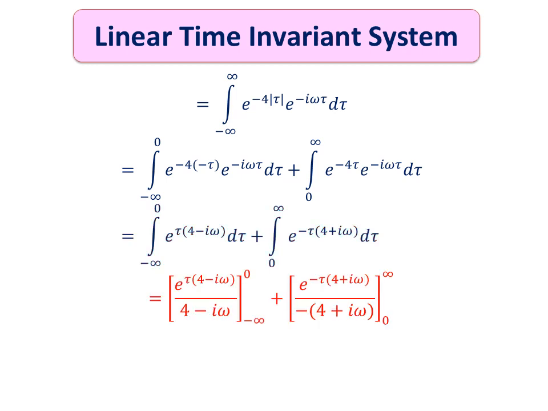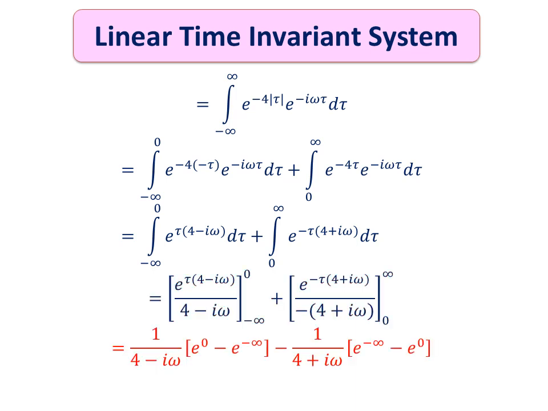On integrating, exponential function integration is the same, right? So e power tau 4 minus j omega, and the coefficient of tau comes in the denominator, with limits from minus infinity to 0, and here e power minus tau 4 plus j omega divided by minus of 4 plus j omega, with limits from 0 to infinity.